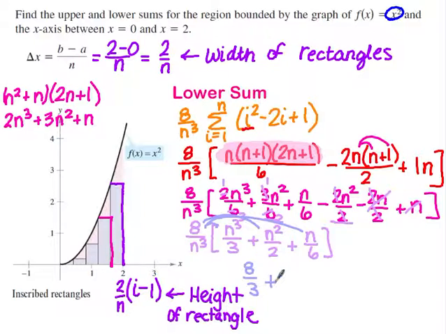Then here I've got 8n squared over 2n cubed, so net result will be 4 over n. And then 8 over n cubed times n over 6 should be 8 over 6, and then reduce it, 4 over 3n squared.